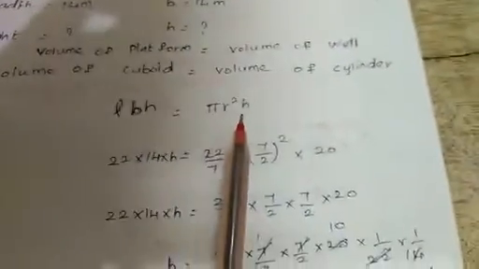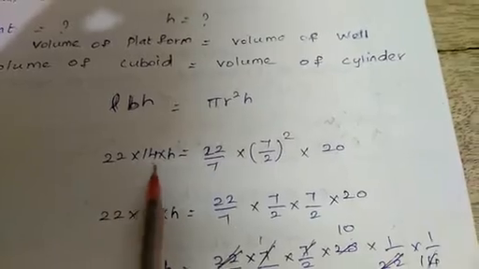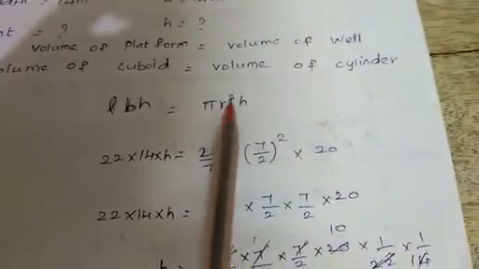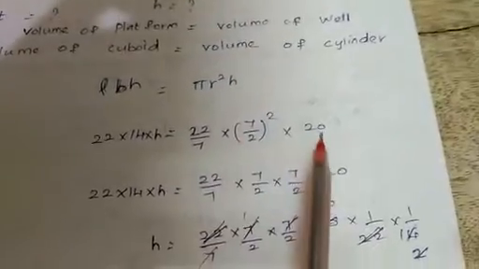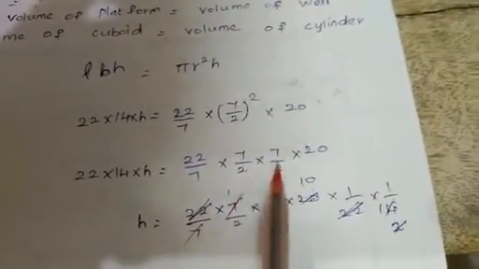So L B H is equal to pi r squared H. So L and B we know, 22 and 14, and H we need to find. So pi value is 22 divided by 7, r value is 7 by 2 and H value is 20. Substitute, and 7 by 2 whole squared is nothing but 7 by 2 into 7 by 2.